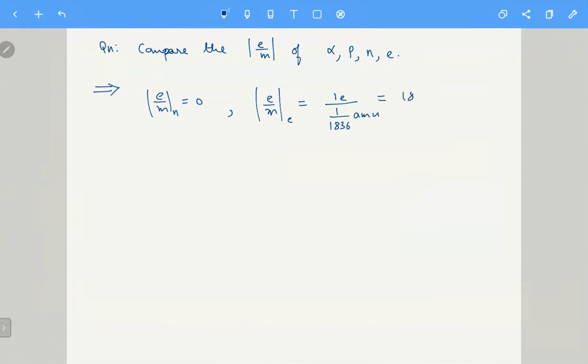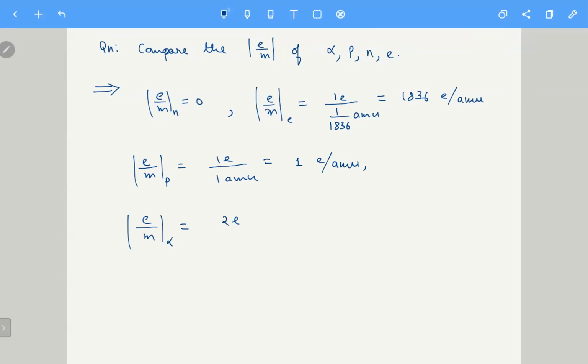This is 1836 e upon amu. e by m of proton, if you take, charge is 1 e and mass is 1 amu. This is 1 e upon amu. And e by m of alpha particle, charge is 2 e, mass is 4 amu.